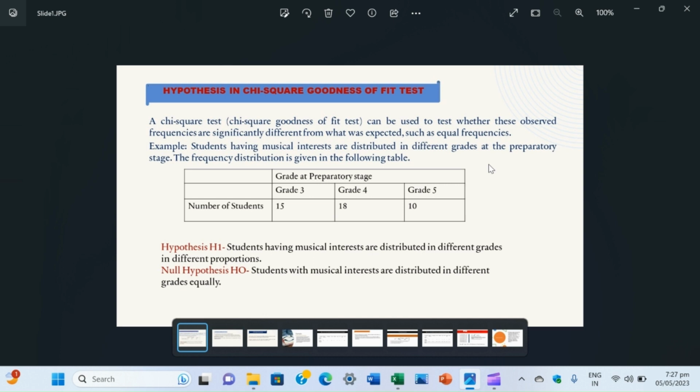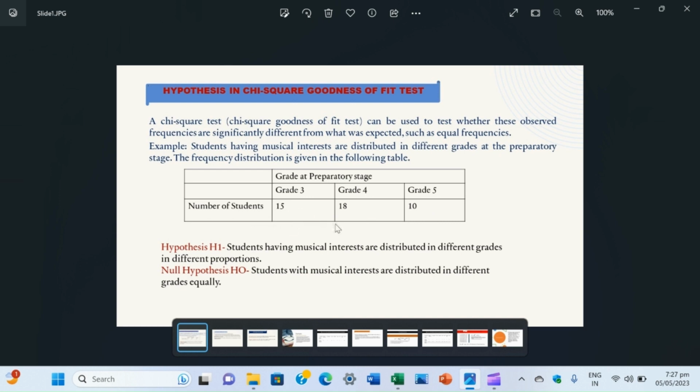The frequency distribution is given in the following table. Grades at the preparatory stage are grade 3, grade 4, and grade 5, and the number of students are 15 in grade 3, 18 in grade 4, and 10 in grade 5.